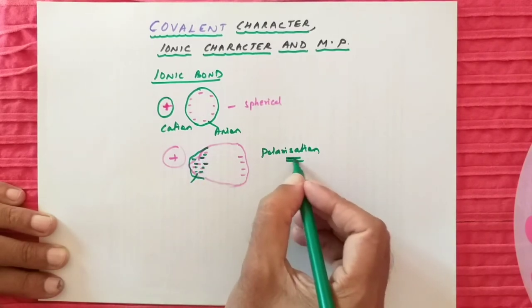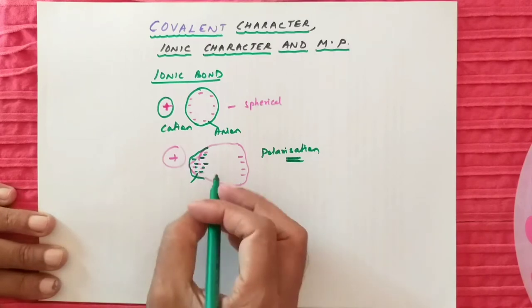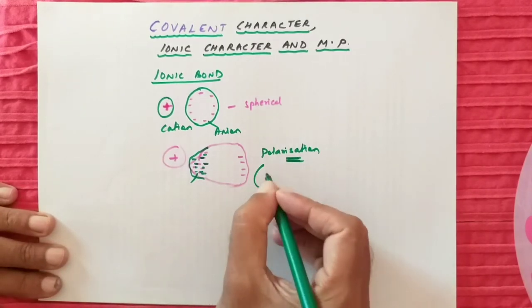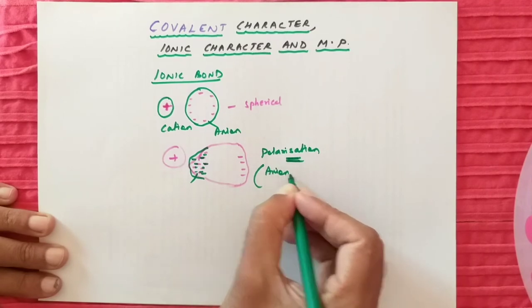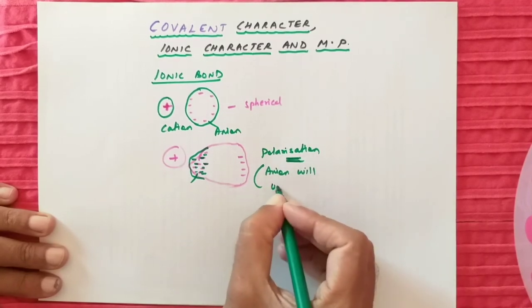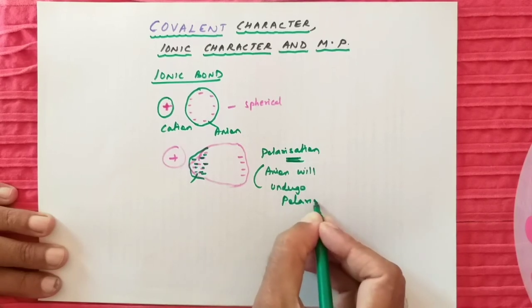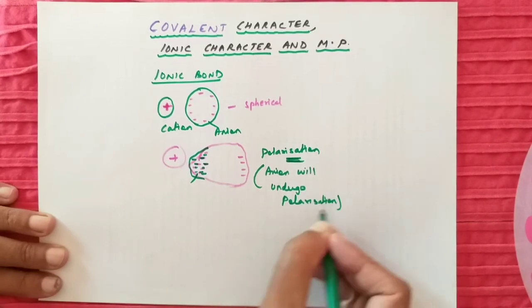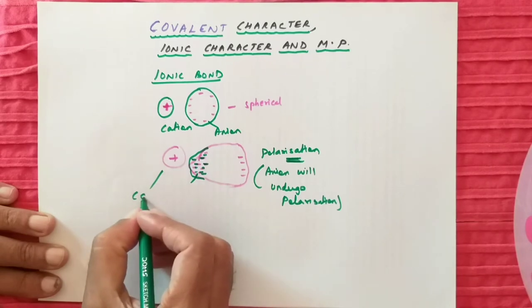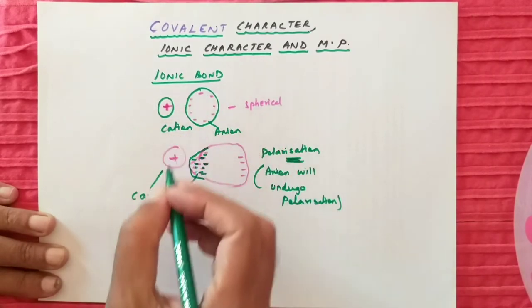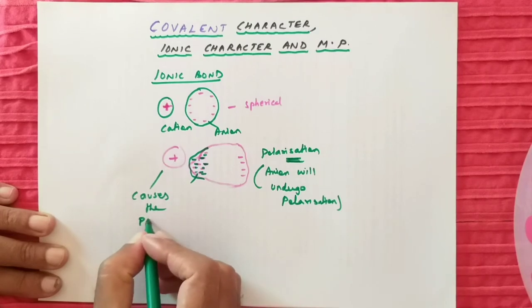This we call polarization. The anion will undergo polarization, and what causes the polarization is the cation, because the cation starts pulling the electrons.